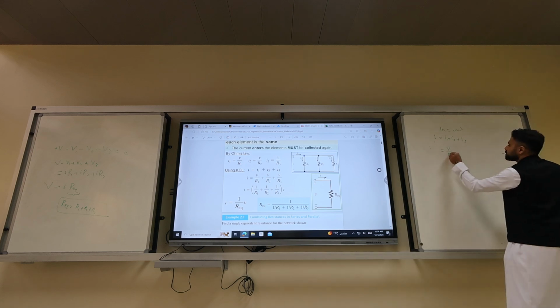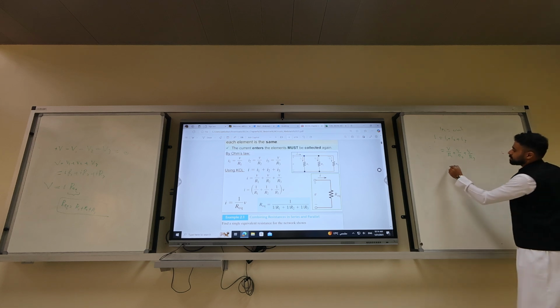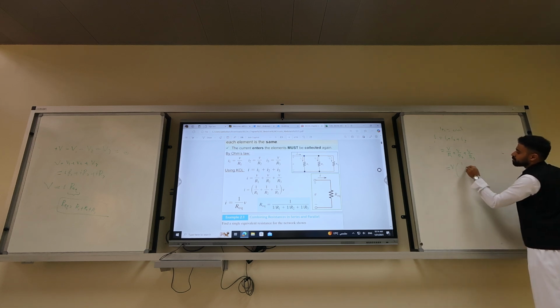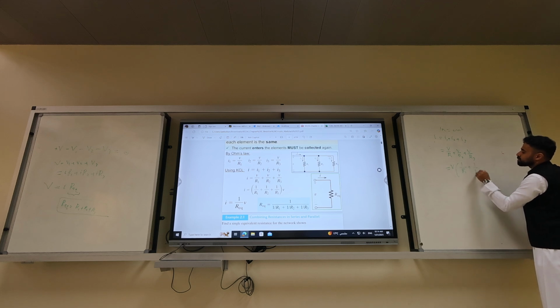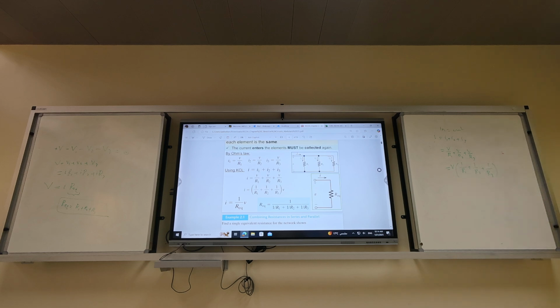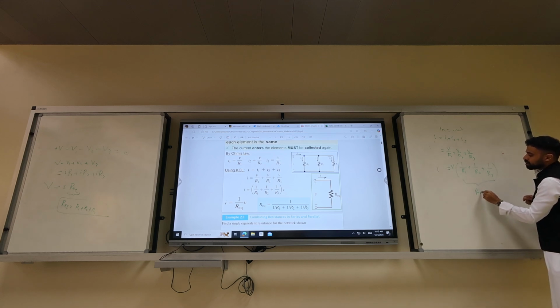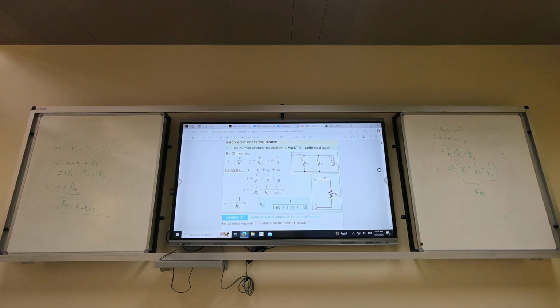So V over R1 plus V over R2 plus V over R3. We take the common factor: 1 over R1 plus 1 over R2 plus 1 over R3, and this is equal to I. This is what we call the equivalent parallel combination.